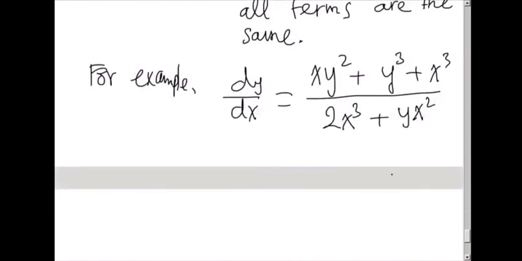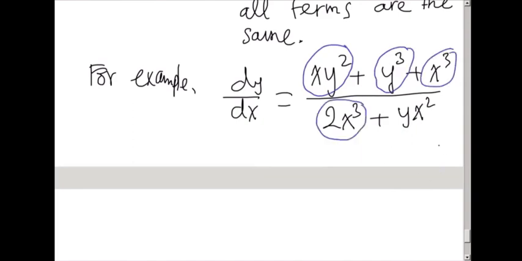Then we have a ratio, and each term has total degree 3.